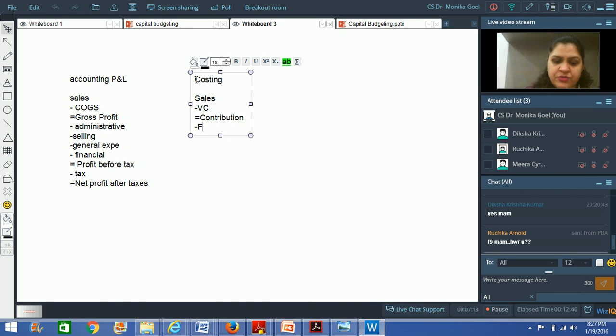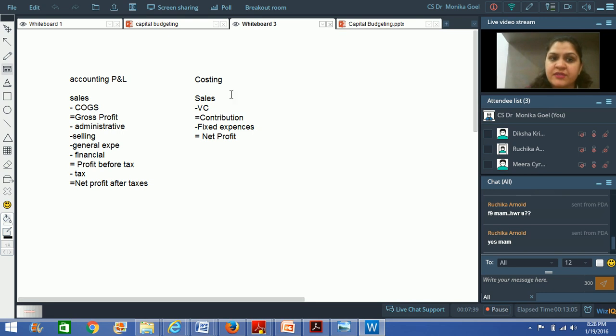From this contribution, you reduce the fixed expenses, right? And what do you get? You get the net profit. This is the format that you use in case of costing, right?